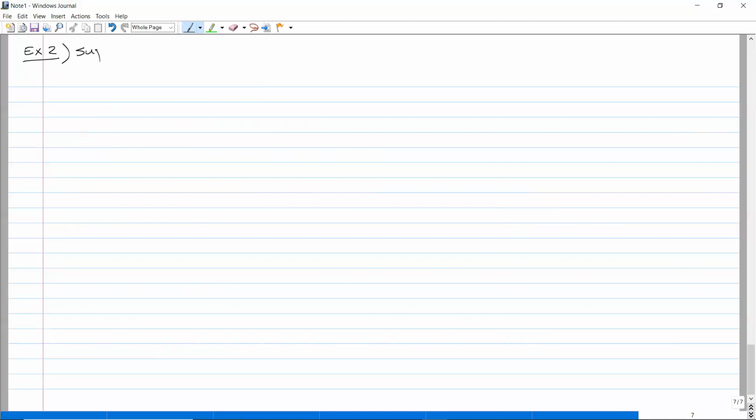Okay, so suppose that we have an undamped spring mass system initially at rest.